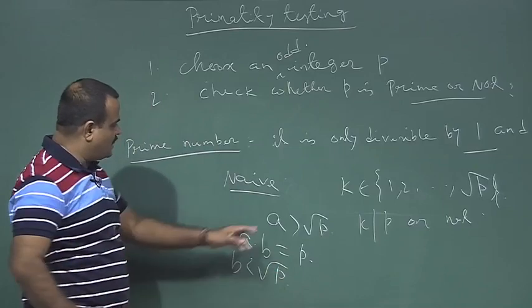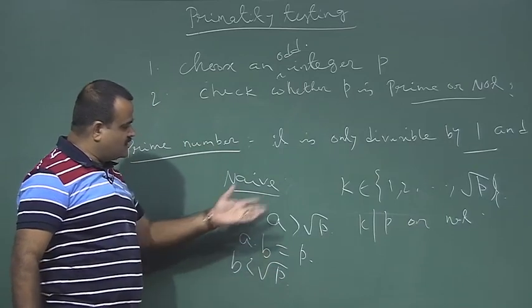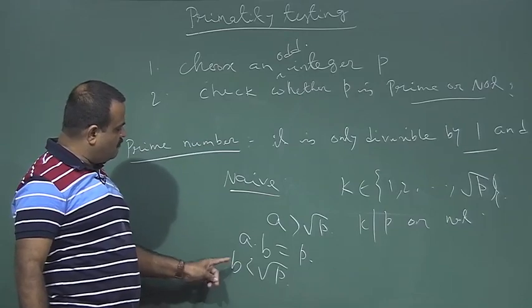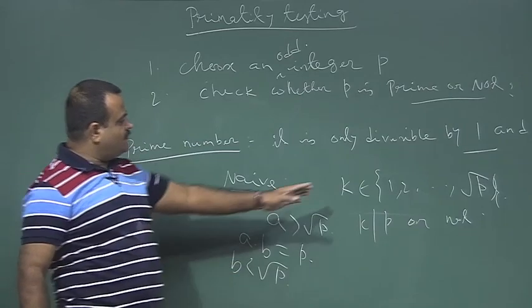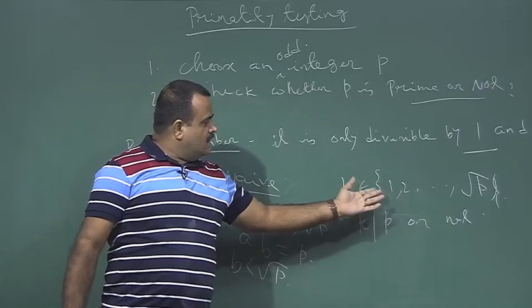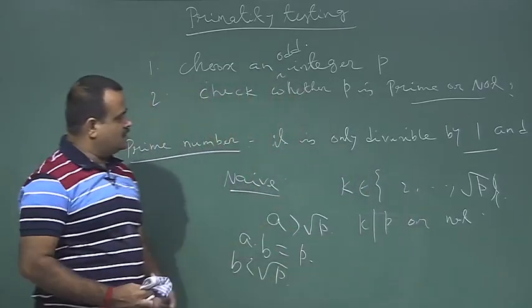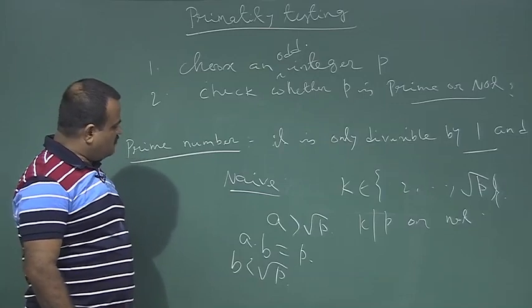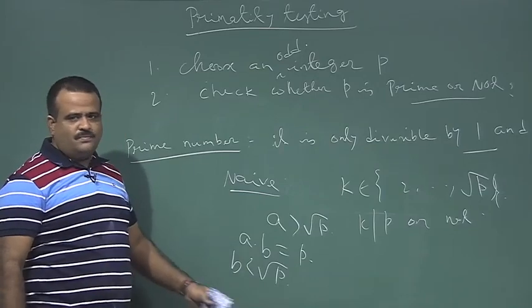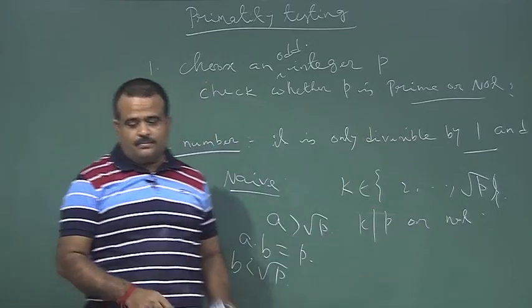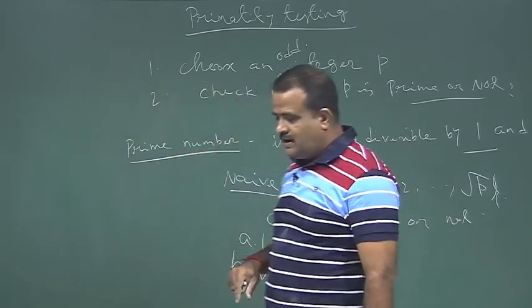So if we have a factor of p which is greater than root p, we should have another factor b which is less than root p. So it is sufficient to check up to root p. But this is not a good idea, because if p is large, checking so much is not efficient.